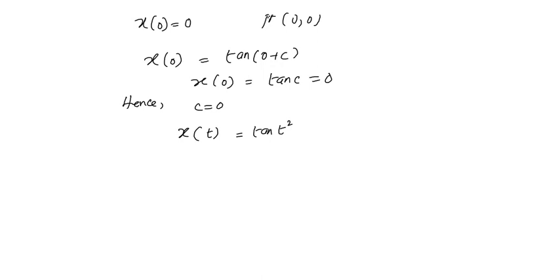The desired solution is then given by x of t is equal to tan t square, and we can say that t lies between 0 and square root of pi by 2. It is easy to see this by verification. Now let us consider an equation of order 2.